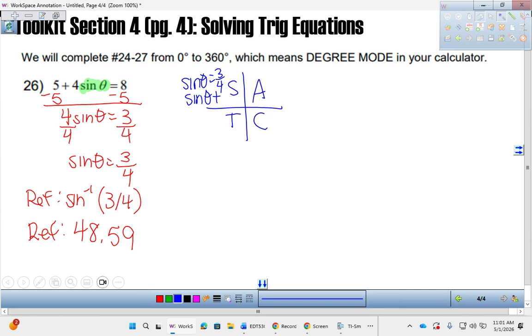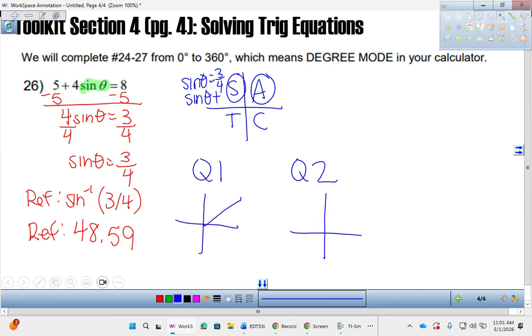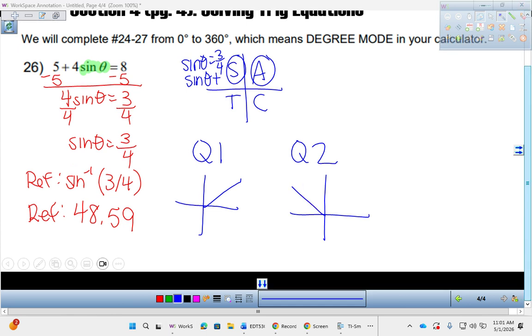Sine is positive in A and S. So from here I know I'm going to have an answer in quadrant 1 and an answer in quadrant 2. If you know the rules, then you don't have to draw the picture. If you don't know the rules, then draw an angle in quadrant 1 and draw an angle in quadrant 2. And you can see it then, all right?